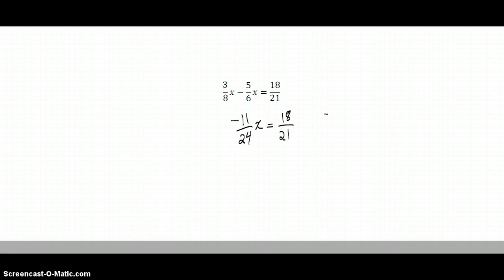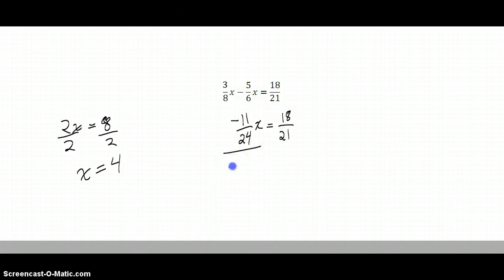Well, the easy option would be to just divide by negative 11 over 24 on both sides, because this is a similar problem to something like 2x equals 8, where you would just divide both sides out, and you'd be left with your variable on the left-hand side. Well, we could do the same thing.